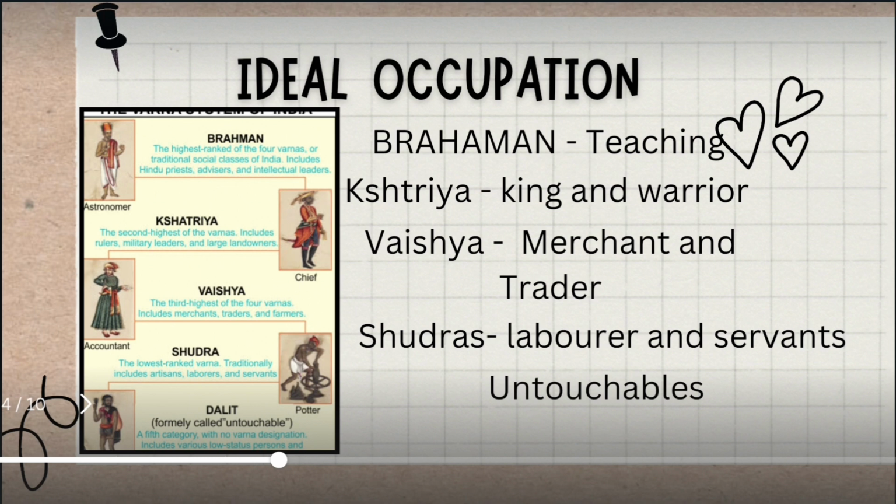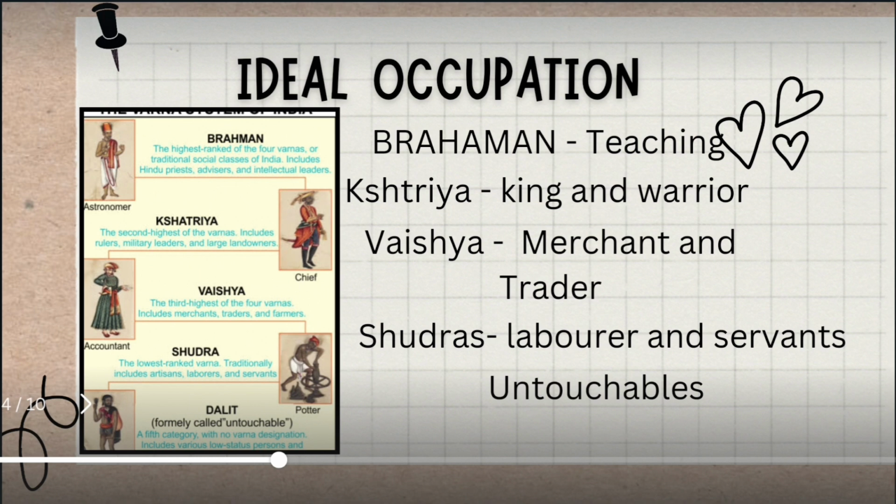Next, ideal occupation. There was a system known as the Varna system, and as per the Varna system, the ideal occupations of the different castes are different.